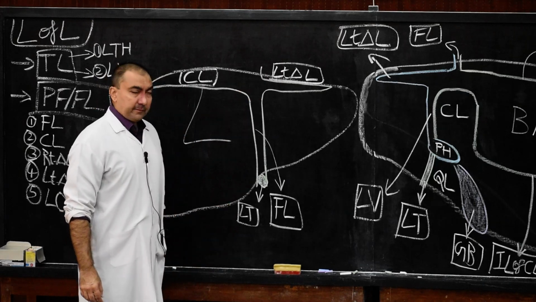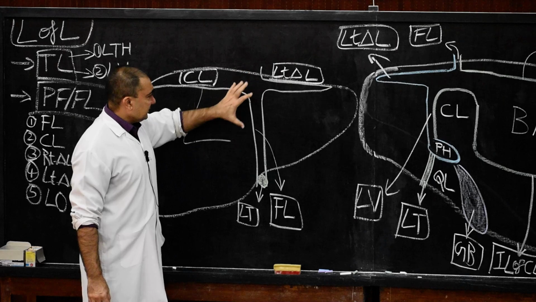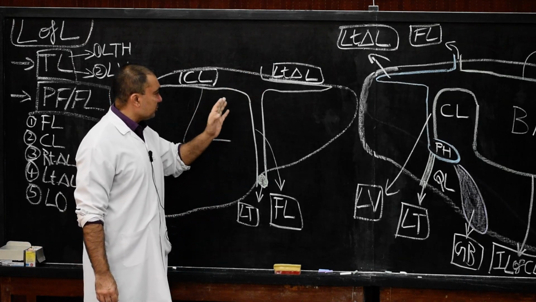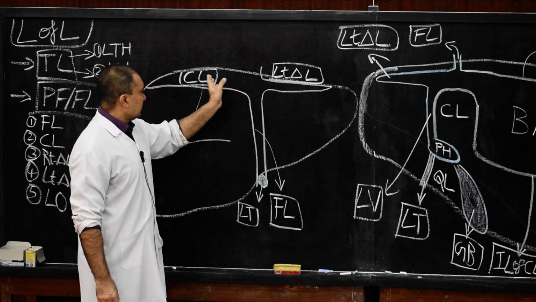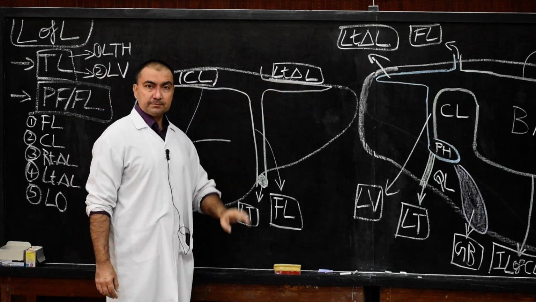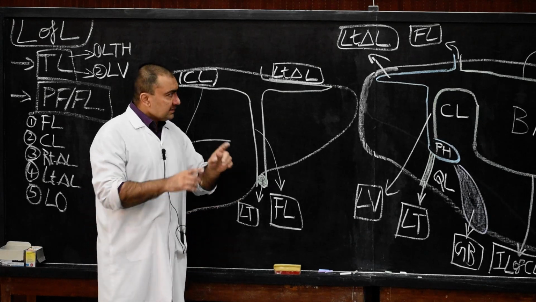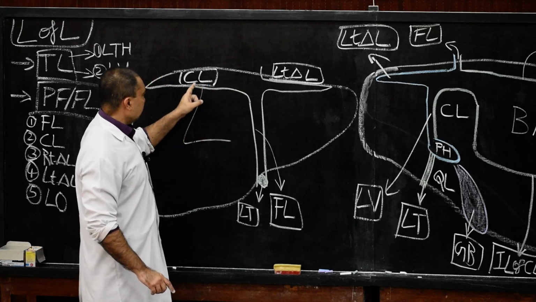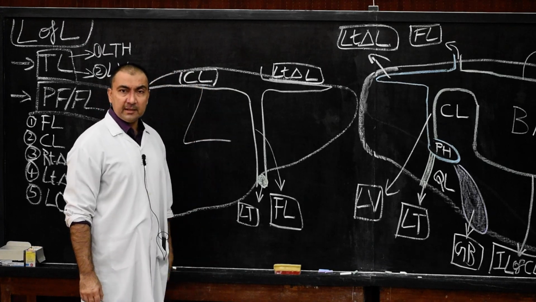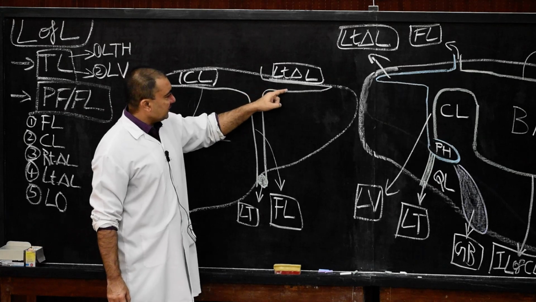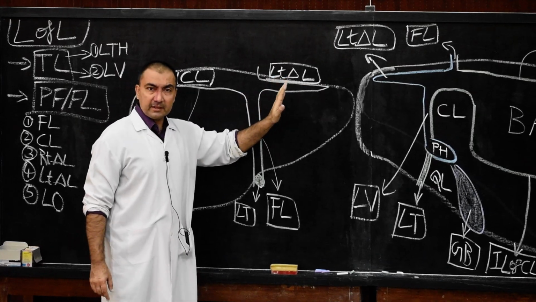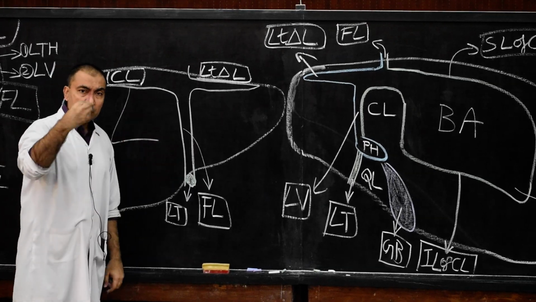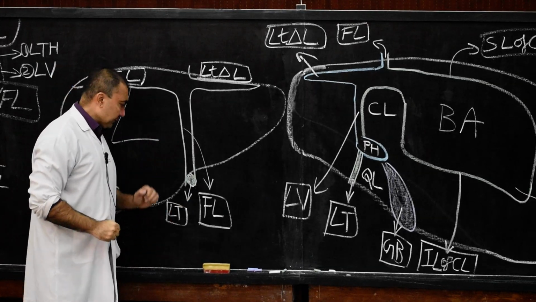Now, as this falciform ligament is attached on the liver, it will split into two layers, the right and the left. The right layer will be continuous with the superior layer of coronary ligament, and the left layer will be continuous with the left triangular ligament, as you see in the diagram. Simple.